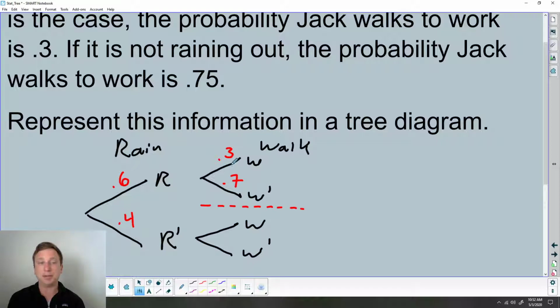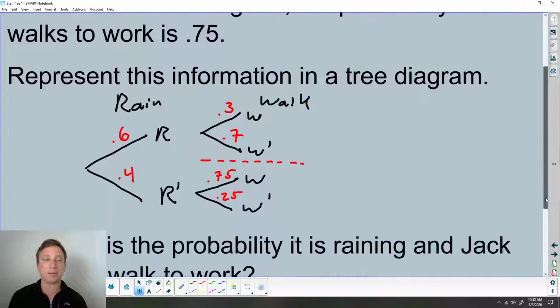These add to be 1. Now, if it is not raining out, the probability Jack walks to work is 0.75. So not raining and walking is 0.75. That would mean 0.25 is the probability of him not walking. These add to be 1 as well. So there's our tree diagram with probabilities assigned to each outcome.